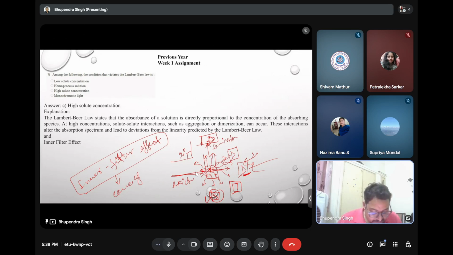So the transmitted light will also be collected by this detector with your emission, and you will not be able to differentiate, or I would say you'll get the wrong emission data.